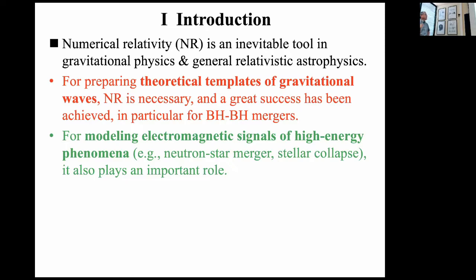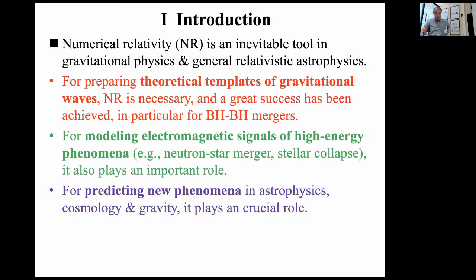Associated with, for example, neutron-star merger, people observe electromagnetic signals, and for interpreting, for example, the light curve of electromagnetic signals, we need some template, and for developing a template, numerical relativity plays an important role.